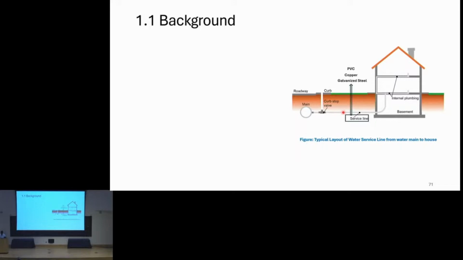These service lines could be made of galvanized steel, copper, PVC, or lead. If one of these is made of lead, it poses a serious health concern for young people and also for adults. So, the government is trying to replace all the lead-based service lines throughout the United States.